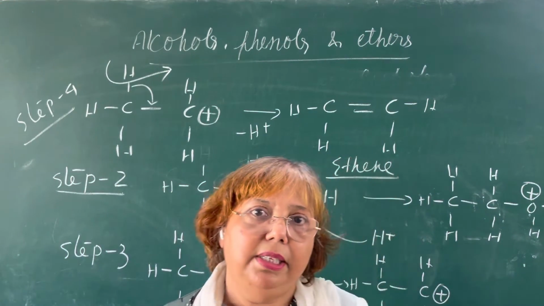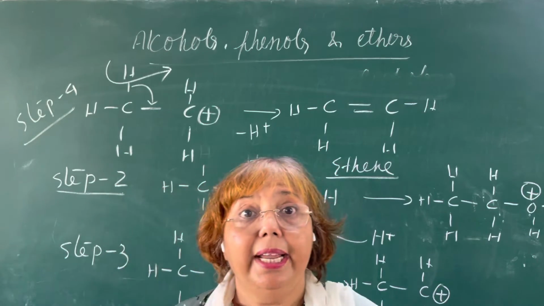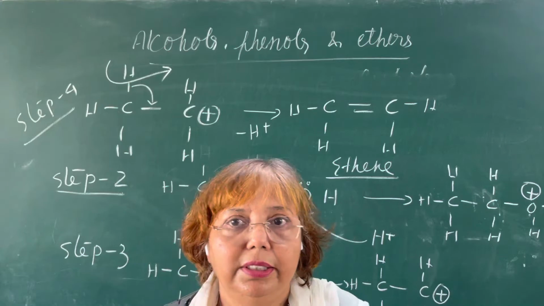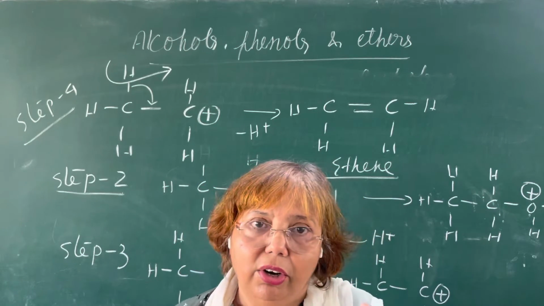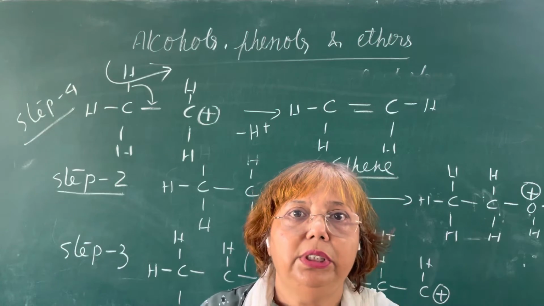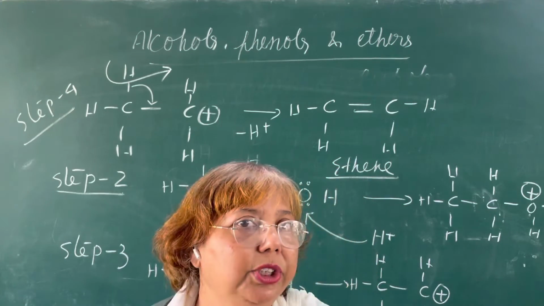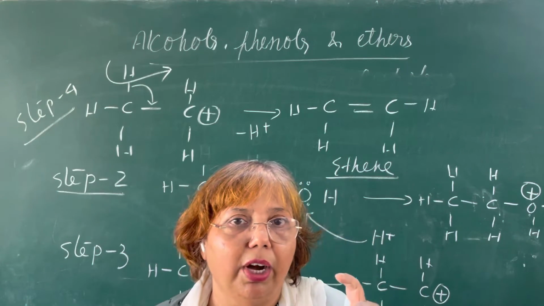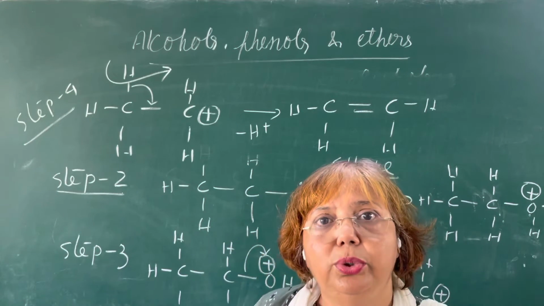Now sometimes some unexpected product is also formed. The reason is that the dehydration of alcohol, the mechanism includes in one of the steps formation of carbocation. A carbocation, the stability of carbocation governs the entire route.